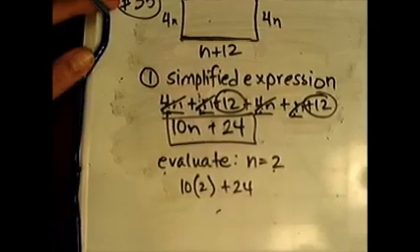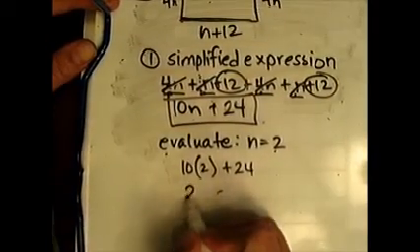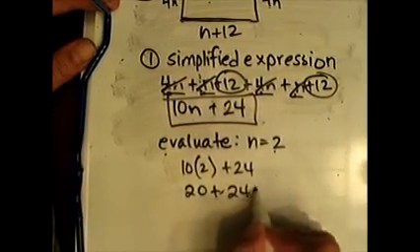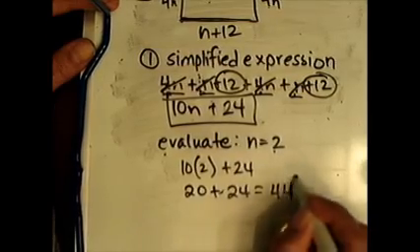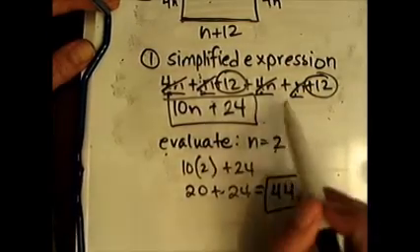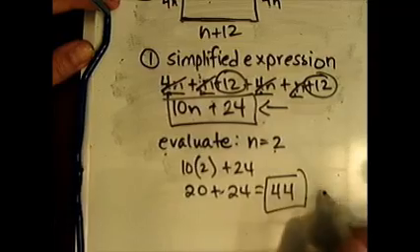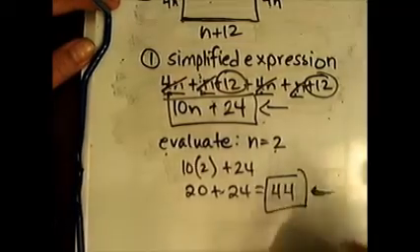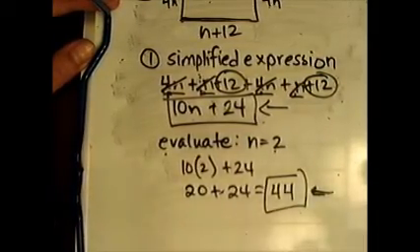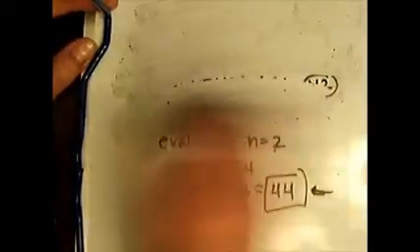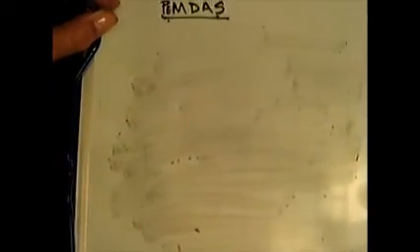What's 10 times 2? 20 plus 24 equals 44. So that's your answer. Right here is your simplified expression. Right here is when you evaluate when n equals 2. Leave room for number 36, because you're going to do number 36. And now I'm going to do number 37.